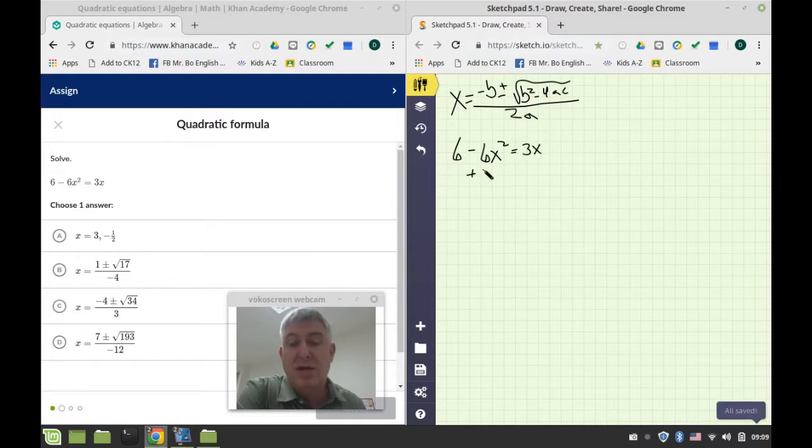I'm going to go ahead and add 6x squared to this side and minus 6 and do the same thing over here. And then when I get done on this side, I'm going to have 0, and I'm going to have 6x squared plus 3x minus 6.